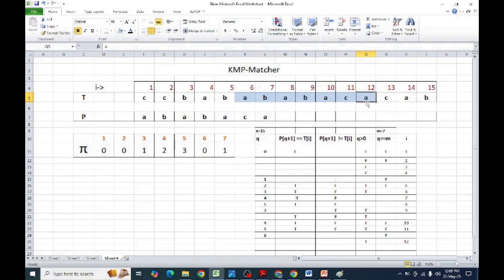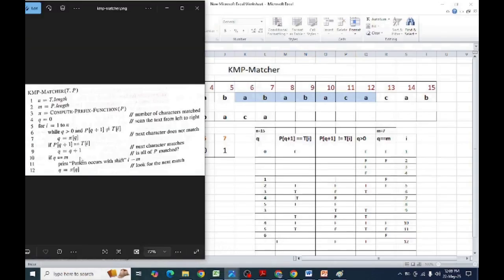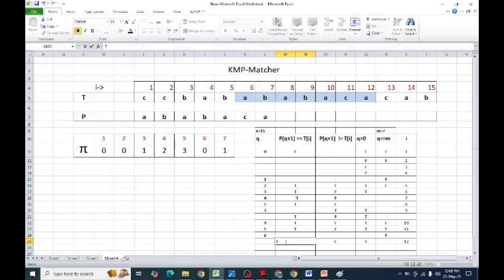This condition is false. They are equal. This is true. Now we will be inside this if statement. P of q plus 1 equal to T of i, this condition is true, so the statement will work.